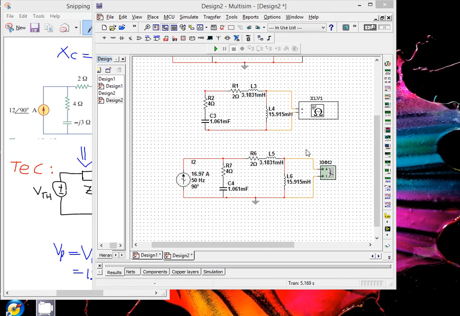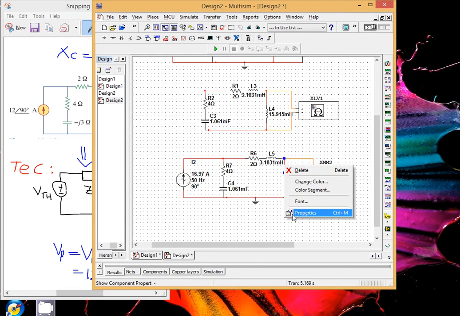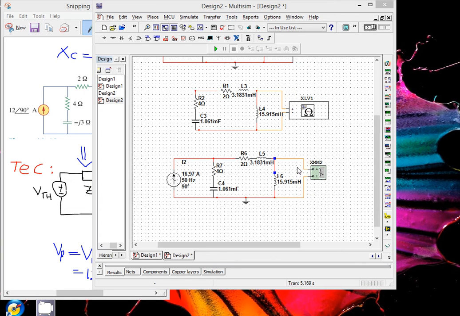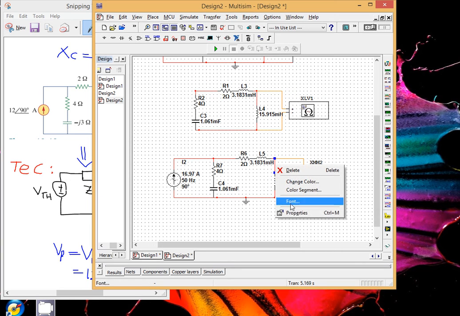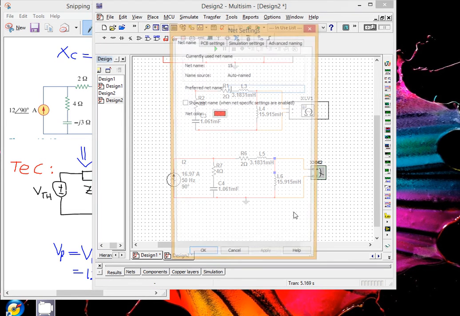So to determine both the magnitude and angle, you need to perform a single frequency AC analysis. So first step is you need to find out what is your net value. So click on properties.